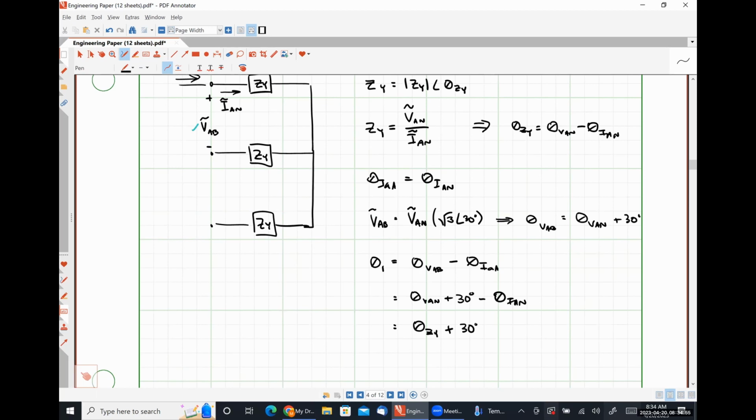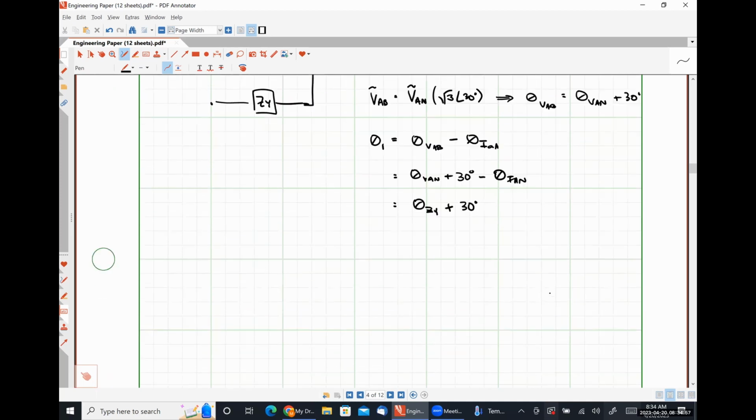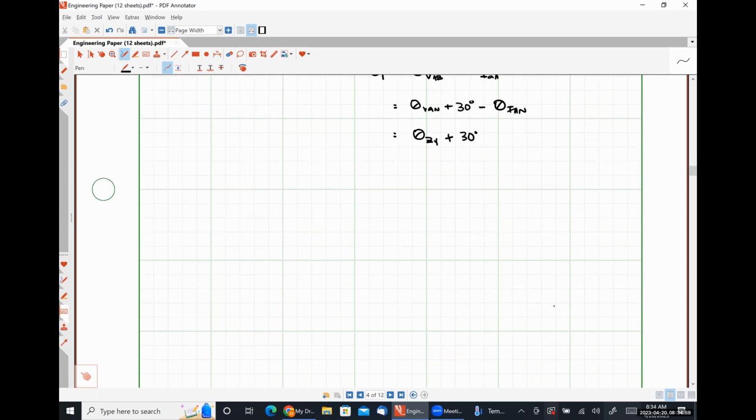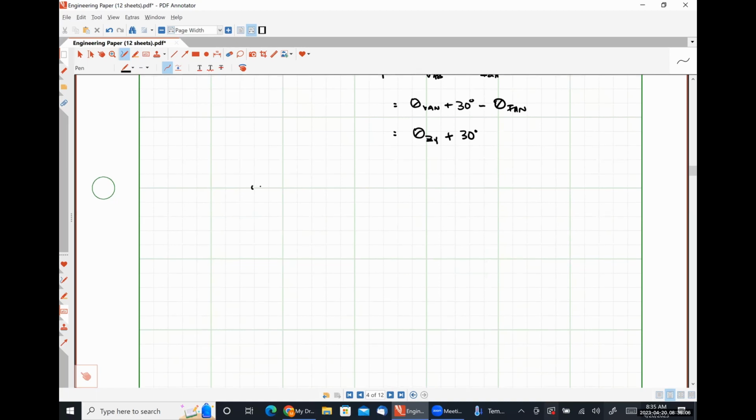Okay. What if we had a delta connected load, right? So we figured out what the relationship is for a Y load. Let's look at a delta load. So here's Z delta. Here's another Z delta.